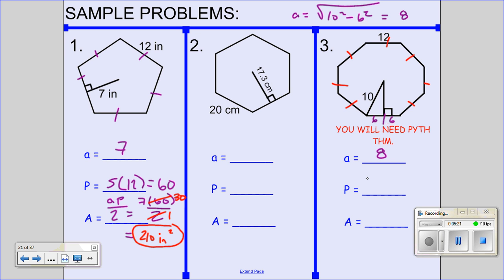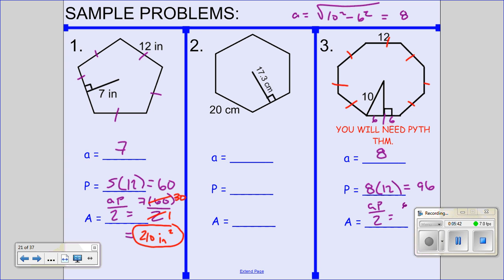Now for my perimeter, since it's an octagon, it has 8 sides, and each side is 12. So 8 times 12 is 96. Now again, my area is my apothem times my perimeter over 2.